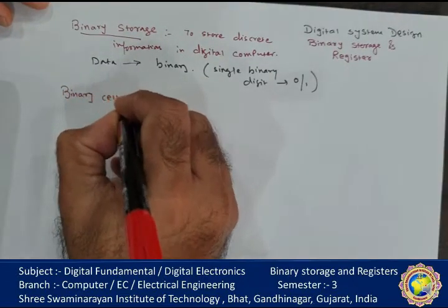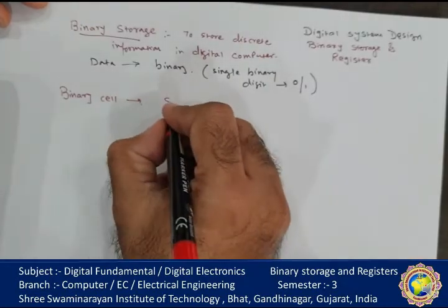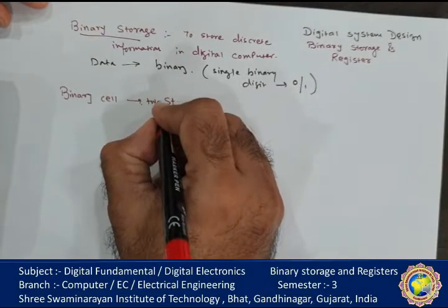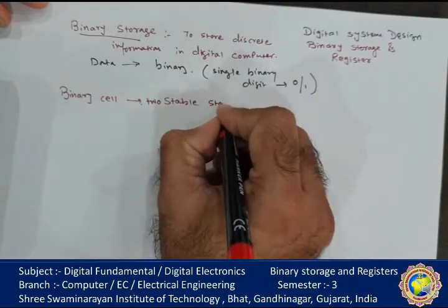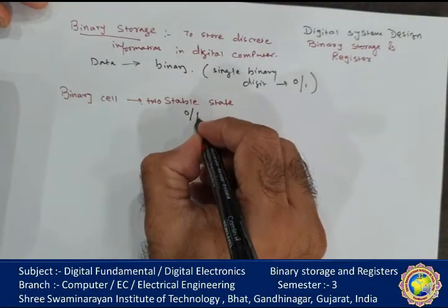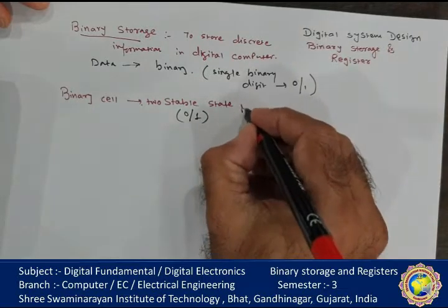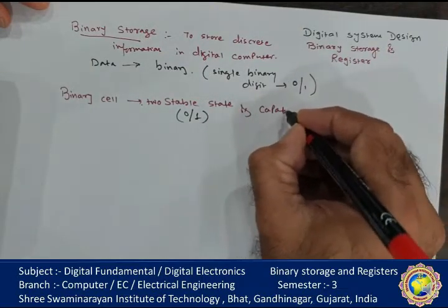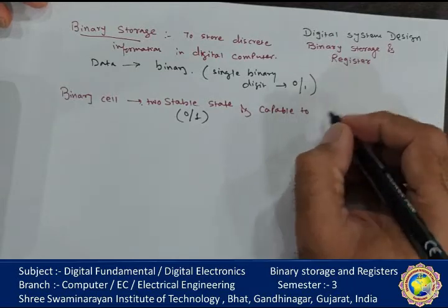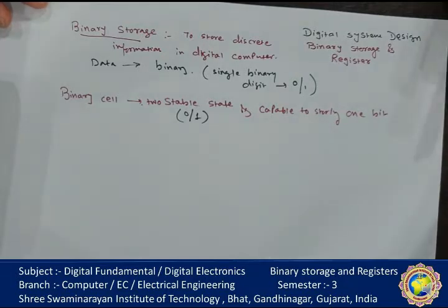Binary cell. This is a device that possesses two stable states. Which two stable states? 0 or 1. A binary cell is a device that possesses two stable states and is capable of storing one bit of information.